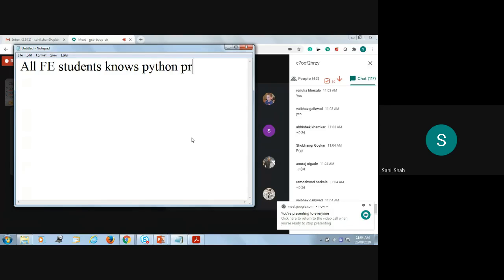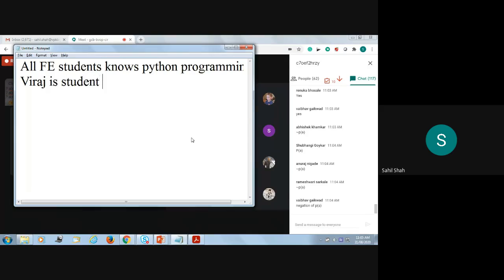So I will say Python programming, but not C because the syllabus is changed, isn't it? Viraj is a student of FE. Therefore, Viraj knows Python programming.